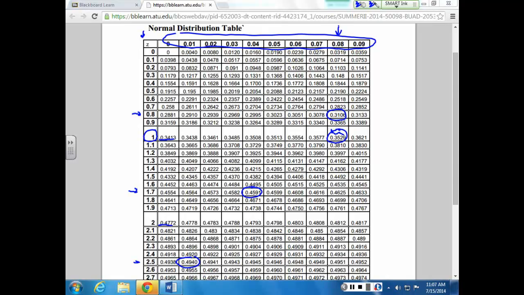It might be, instead of x minus mu over sigma, p hat minus p over some measure of standard error, or x bar minus mu divided by sigma x bar. But the pattern is going to be the same.